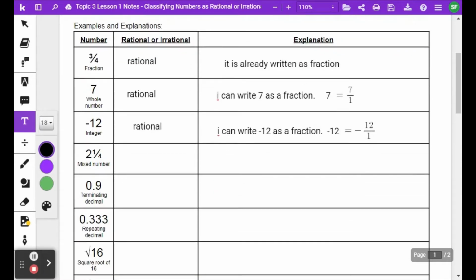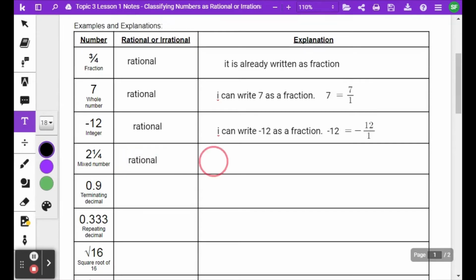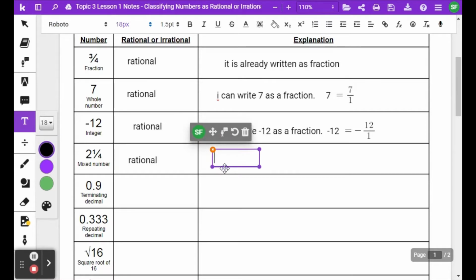If we scroll down here and we look at the mixed number of 2 1/4, or any mixed number that you're going to come across, positive or negative, they are going to be considered rational numbers. All right, I can rewrite 2 1/4 as a fraction.